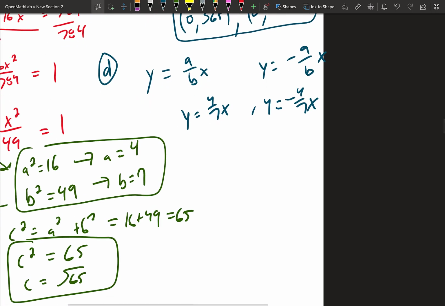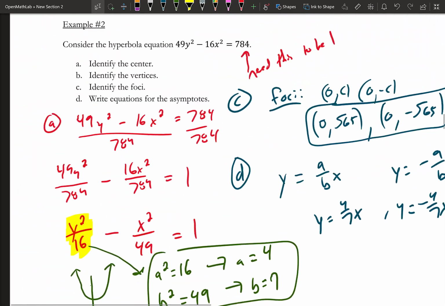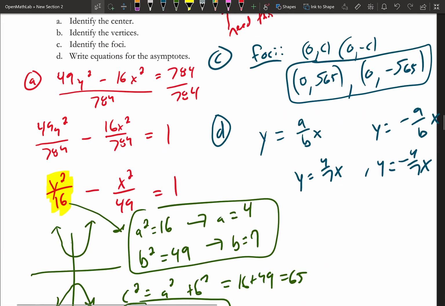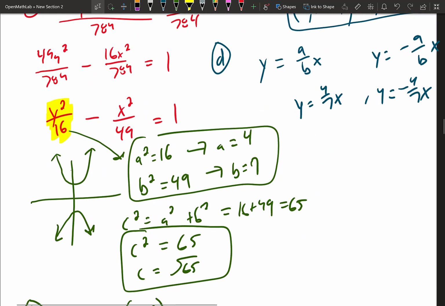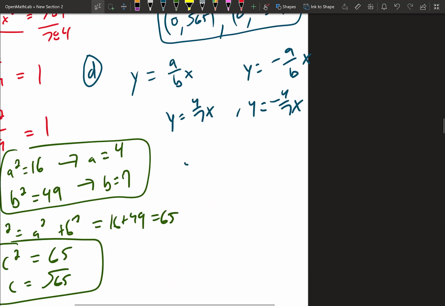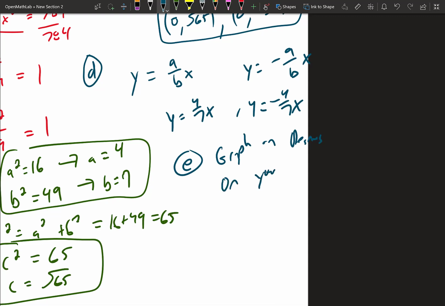If you'd like, you could go ahead and graph this equation in Desmos just like we did previously, and you could graph each individual part and see how that looks visually. So I'll let you do that. Part E, we'll just say graph on Desmos, and this will be on your own. All right, so you can graph and see what that looks like.